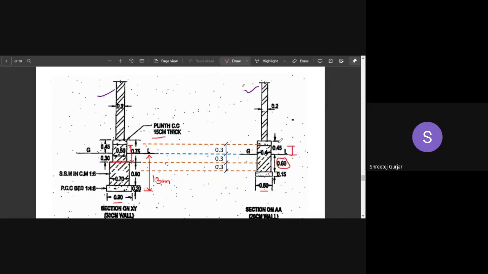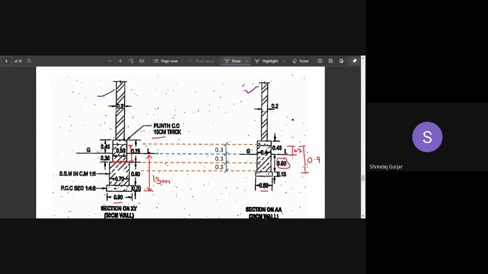So it will be 0.45 minus 15 centimeter or 0.15, so it will be 0.3. So the height will be 0.6 plus 0.3, which is 0.9. So you can see, if you add from here 0.3 plus 0.3 plus 0.3, it is 0.9, right?